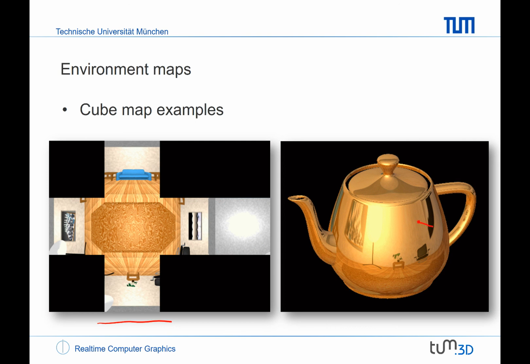We assume that we have a normal vector here, so we can compute the reflection vector R. And then with this reflection vector R, we do exactly what we have seen in the previous slide in order to access the corresponding cube map texture, whatever texture it is. We get the relative position in that texture, and this value is then taken as the value which is seen here as the reflection.